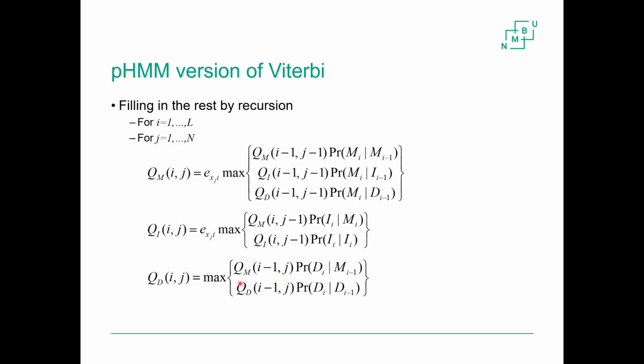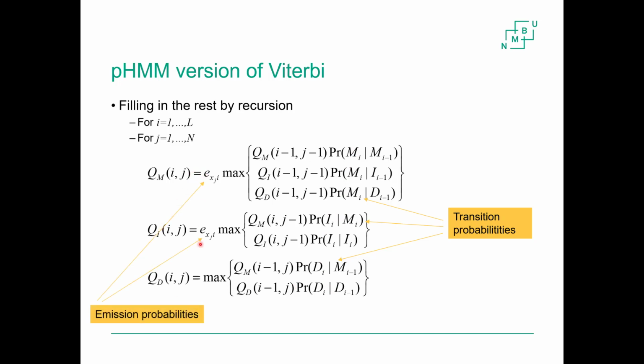You never jump to the right here. You always stay in the same column. Transition probabilities are the probabilities that you go from one state to another, right? These are the arrows in our model. And here you have the emission probabilities, the profile.